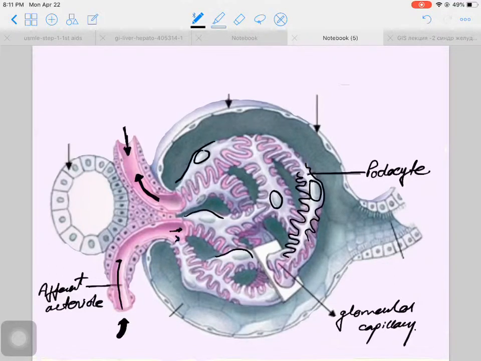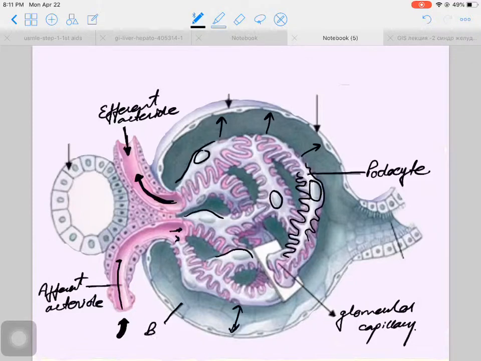And after filtration, the blood goes back through the efferent arterioles. And there is a space for the filtration having specific hydrostatic pressure, and it's very essential for controlling the GFR.